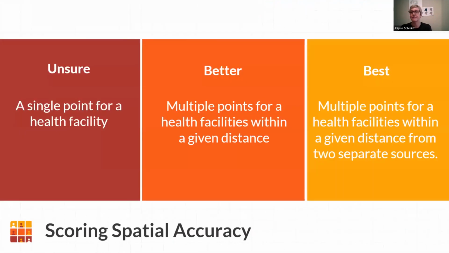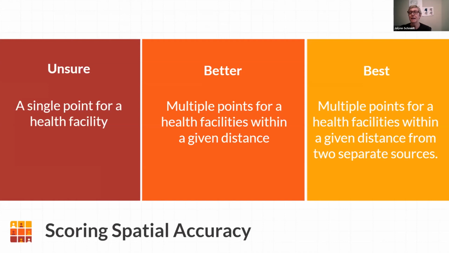But to pick the best location when you have all of these data points and you have these various errors, I start grading each point. So for a single point for a health facility, I'm not sure if that's the right location. I feel better about the point if there's multiple points within a given distance, say of 100 meters.